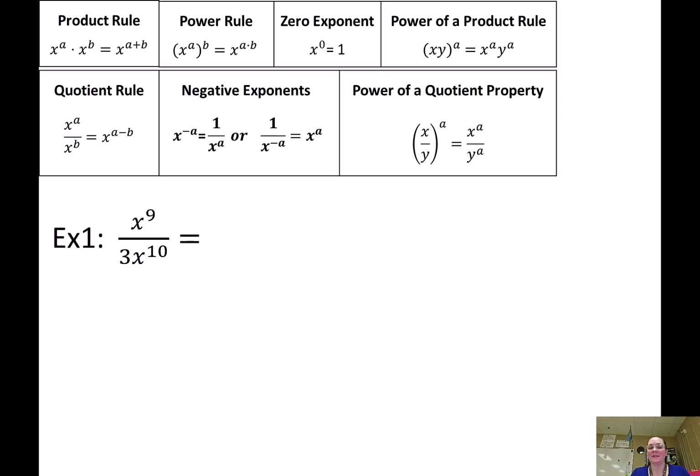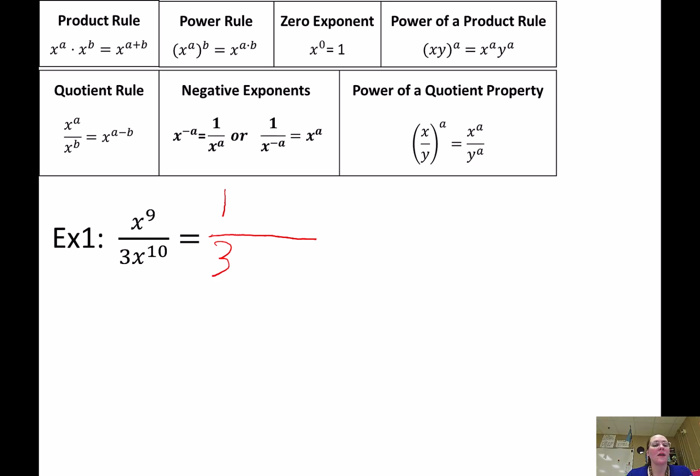I've got x to the 9th power over 3x to the 10th power. So in the top, I do have a coefficient of 1, but 1 divided by 3 doesn't simplify. And since neither one of those have exponents, I'm just going to leave it as 1 over 3.